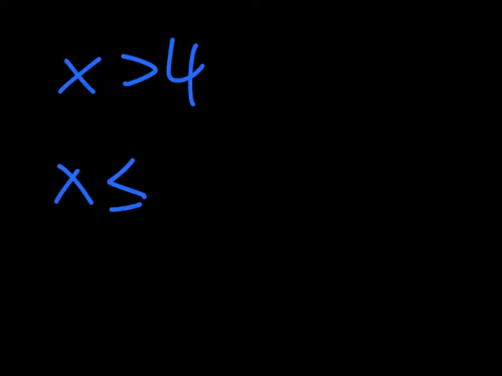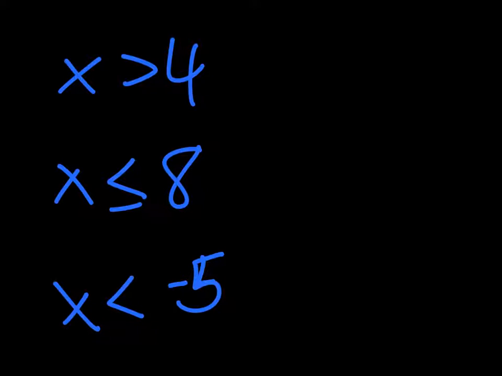All right, let's give another example. Actually, let's work on just graphing things. Just graphing the example. So if I have x is greater than 4, x is less than or equal to 8, and x is less than -5, okay?